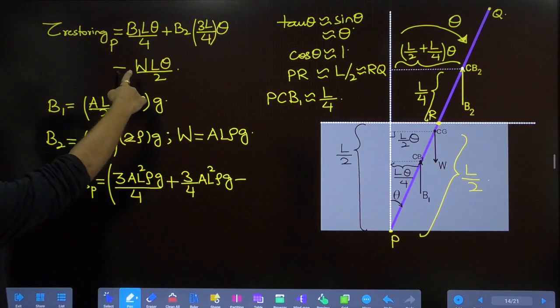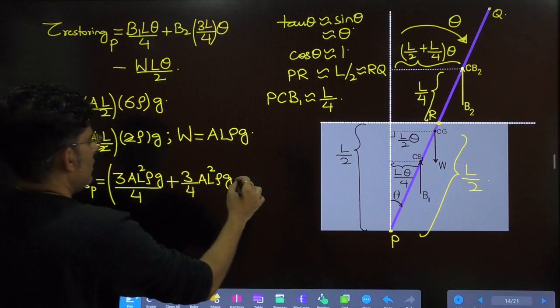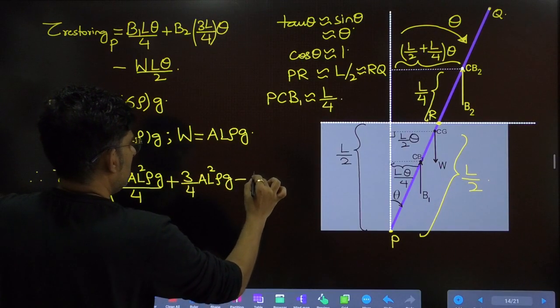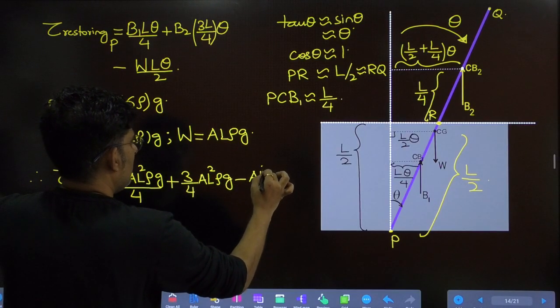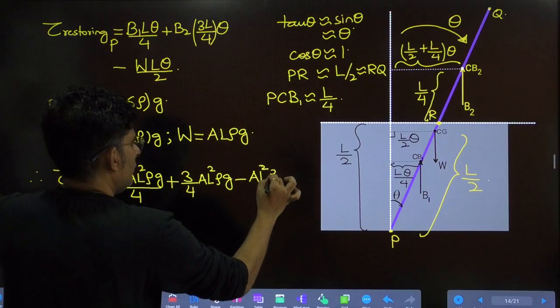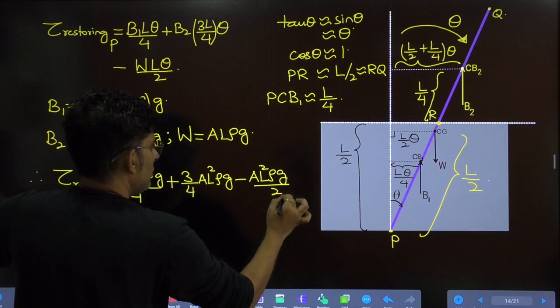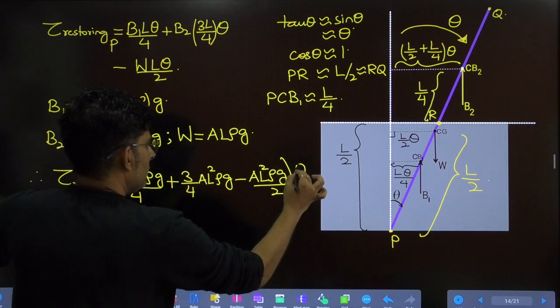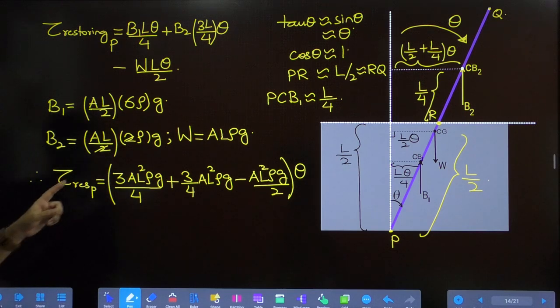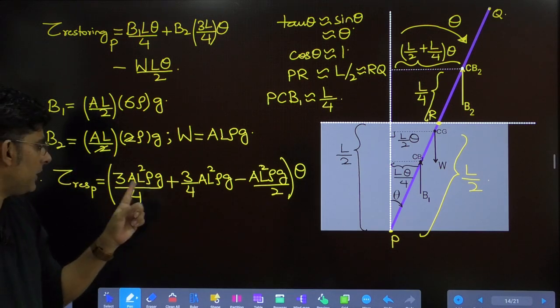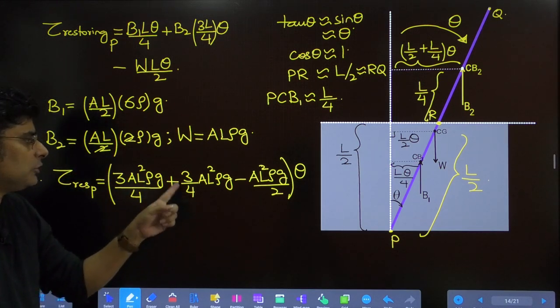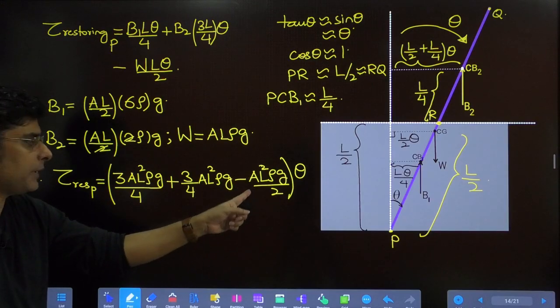Minus weight into L by 2. So we will get AL square rho G by 2. So this into theta. 3 by 4 plus 3 by 4 becomes how much? 3 by 2. 3 by 2 minus 1 by 2 is 2 by 2.